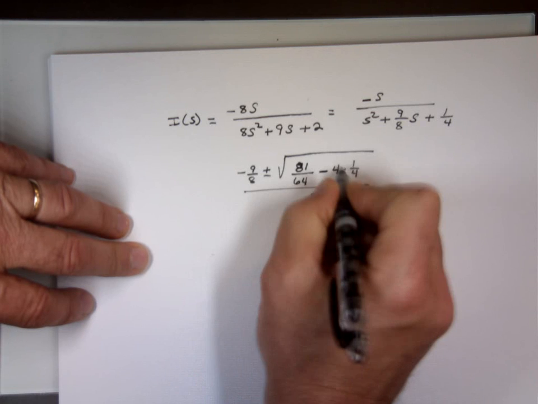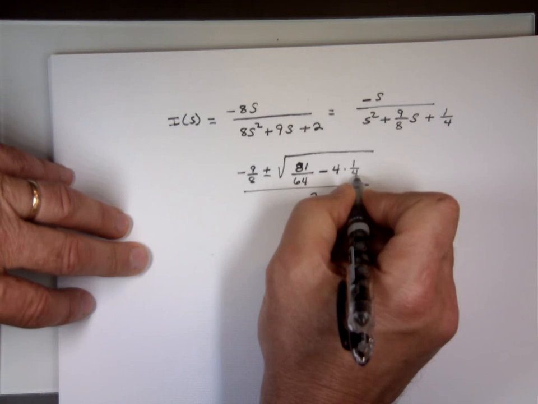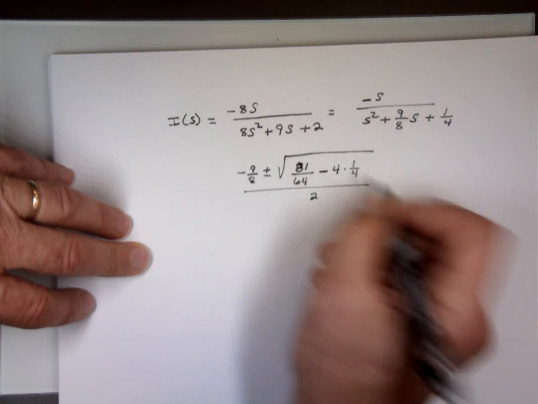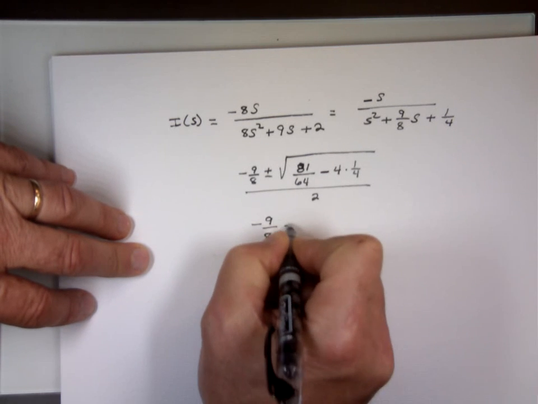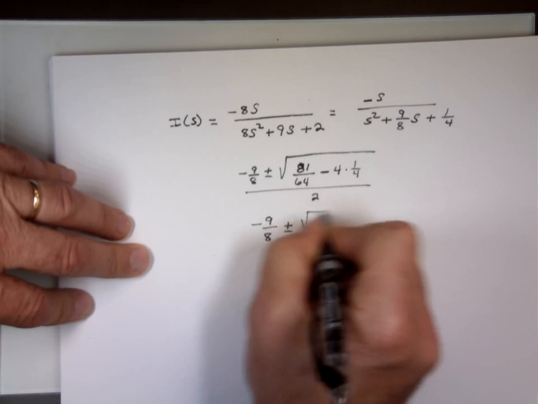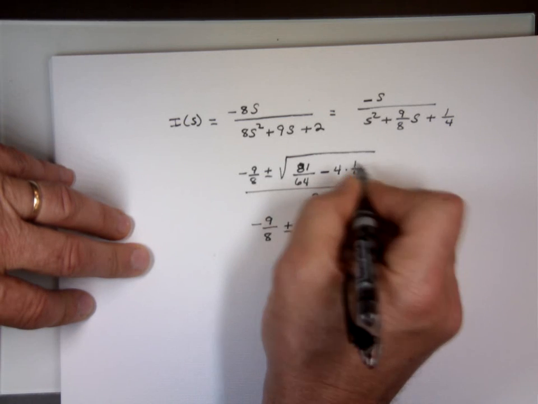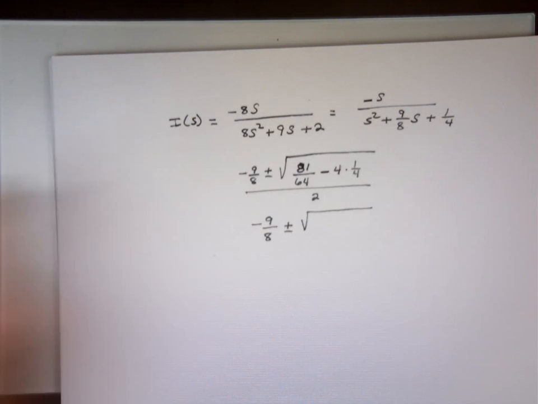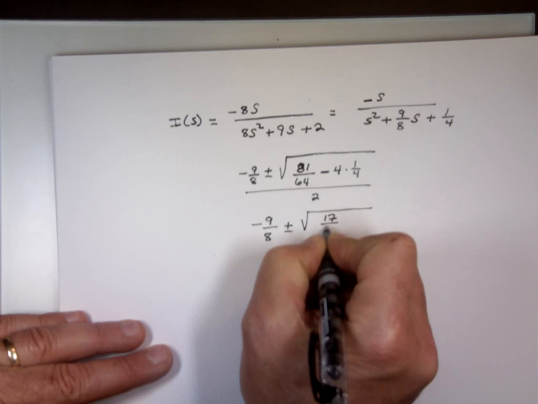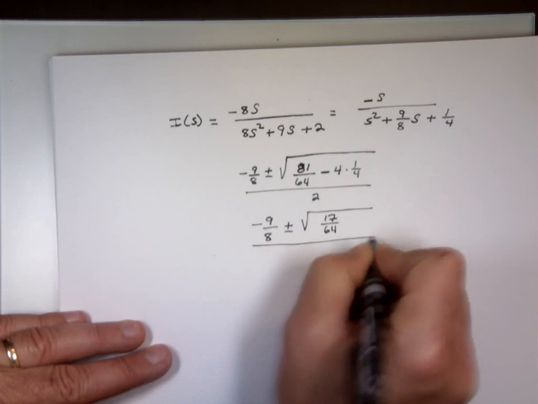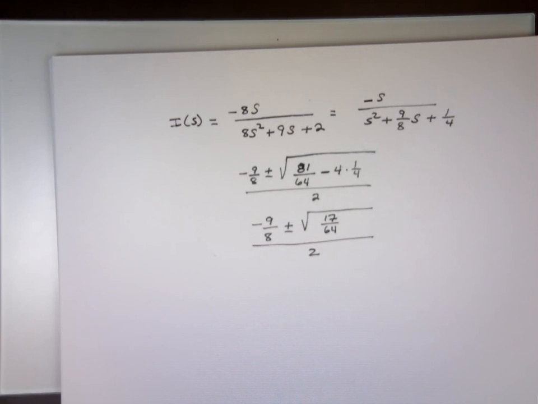That's 4 over 4, which is 1. So 81 minus 64. What's 81 minus 64? 17. 17 over 64 divided by 2. So they're really real answers, just decimal numbers.